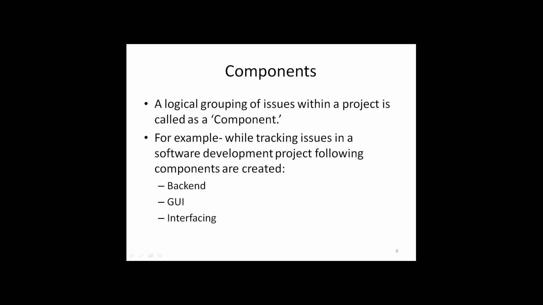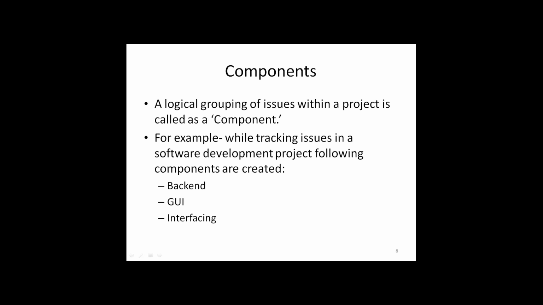Now let's see what a component is. A logical grouping of issues within a project is called a component. The issues will be grouped functionally, or infrastructure wise, or by some sections of the application. Component is basically a part of the project, but it is used for logical grouping of the issues. For example, while tracking issues in a software development project, the following components are created: backend, GUI, and interfacing.